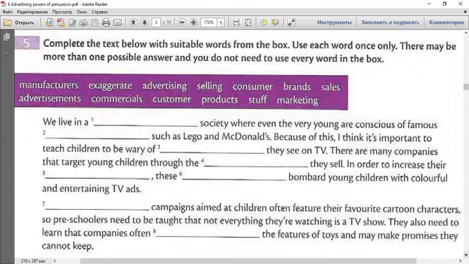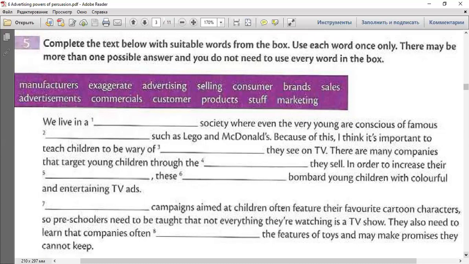Okay, so we live in some kind of society where even the very young are conscious of famous something such as Lego and McDonald's. Because of this, I think it's important to teach children to be wary of something they see on TV. There are many companies that target young children through the something they sell in order to increase their something. These somethings bombard young children with colorful and entertaining TV ads.